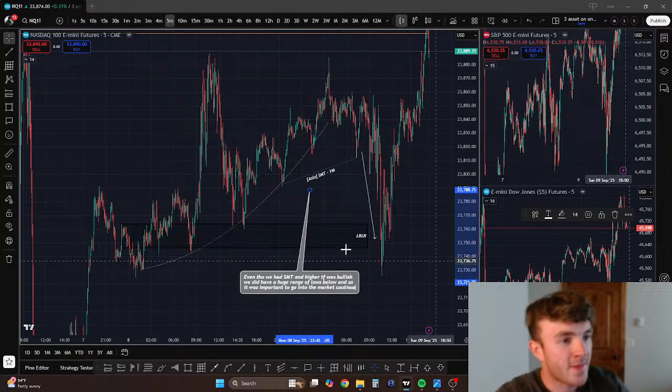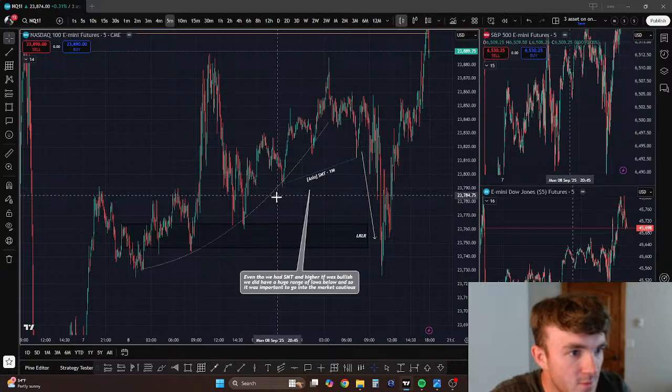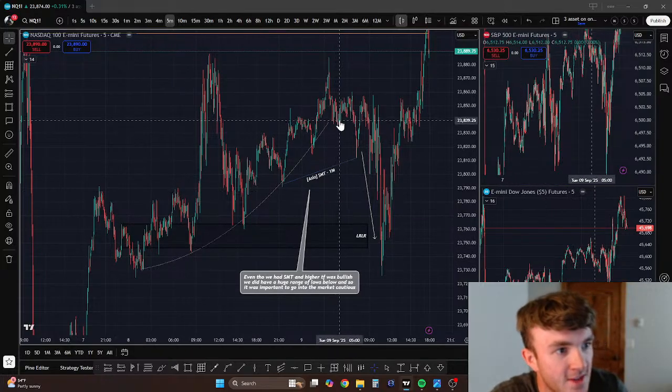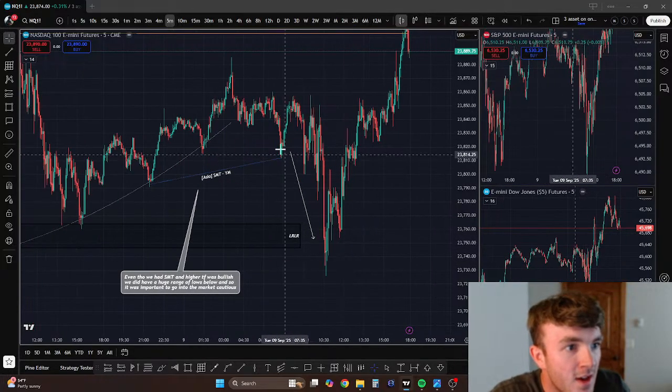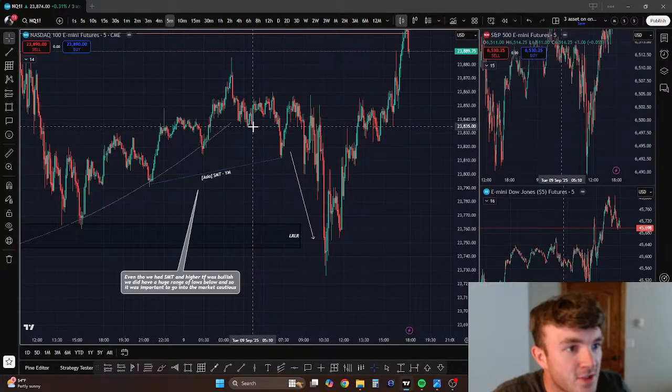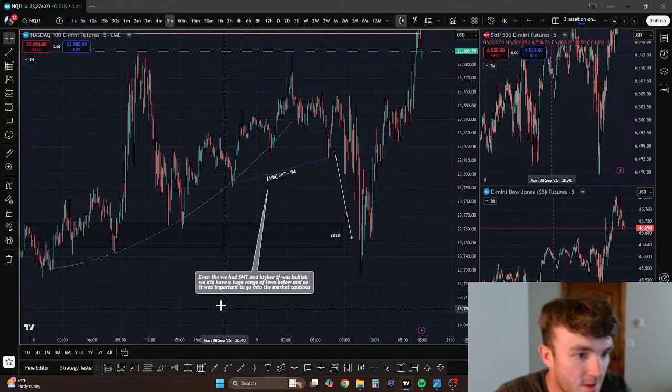That's what I will say about that, right? Once again, this was high resistance. I thought that it was going to stay high resistance. On the 5 minute, it's a much more obvious break of structure on the 5 minute. Much more obvious break of structure.